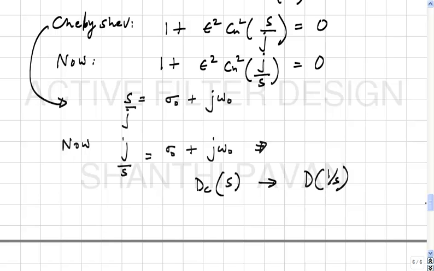But in general, poles will become zeros, zeros become poles, 5 will go to 1/5, 6 will become 1/6. Yes, it's all true, but like that r e to the power j theta will become 1 by r e to the power minus j theta. But in general, all straight lines and circles will go to straight lines and circles.